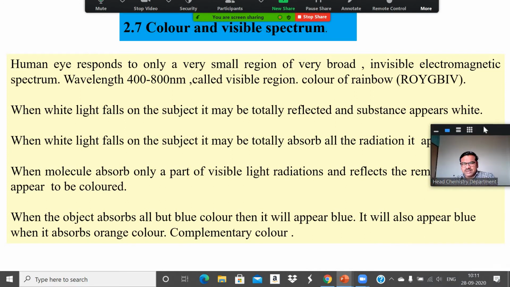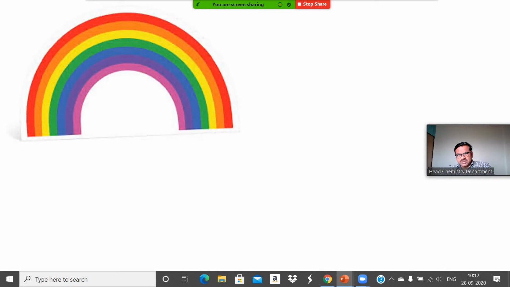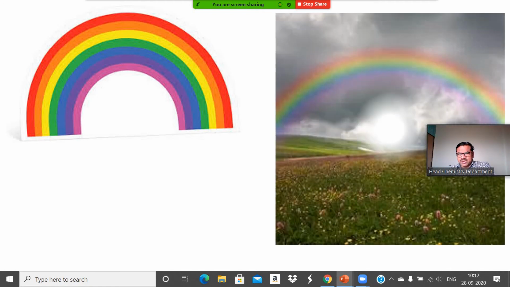It means that the complementary color of blue is orange red. So remember, I can show it very well with the help of different colors. It is well known to you. It is the rainbow color, how shades are developed.